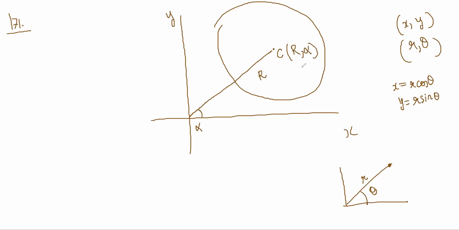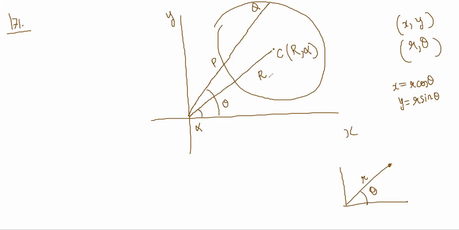Then he says, let a radius vector through O at an angle theta with the initial line cut the circle in P and Q. So we draw a line like this which cuts the circle at P and Q.